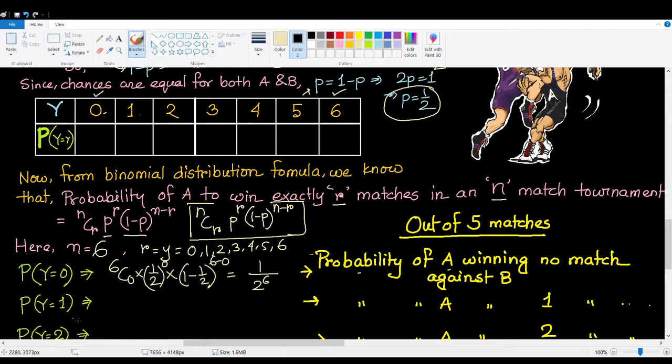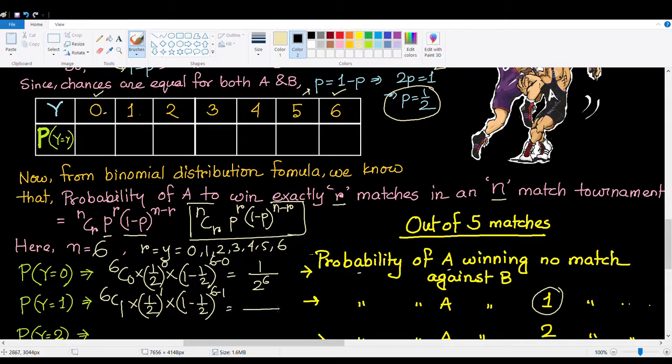Right? For the next case, we want A to win exactly one match out of 6. So we can choose any one of the 6 matches, so 6C1 times the probability of A winning, again to the power 1, and then 1 minus half is the probability of A losing for the remaining 5 matches. Right?